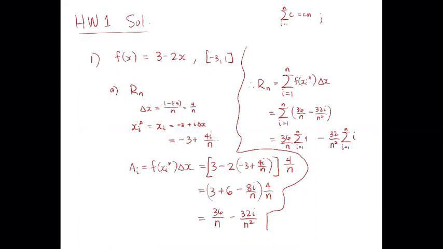And the summation of i from 1 up to n is n times n plus 1 over 2. So we use this. So for the first one here, it's just 36 over n times n.